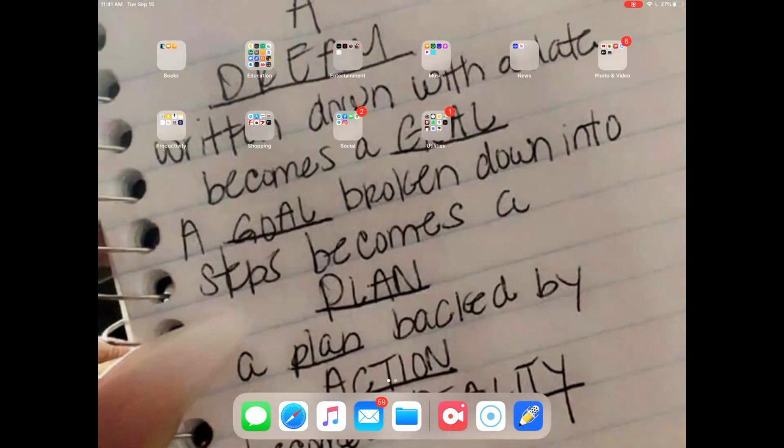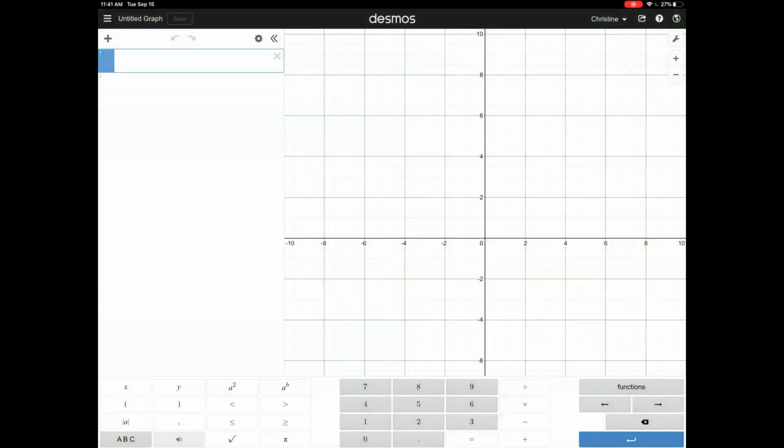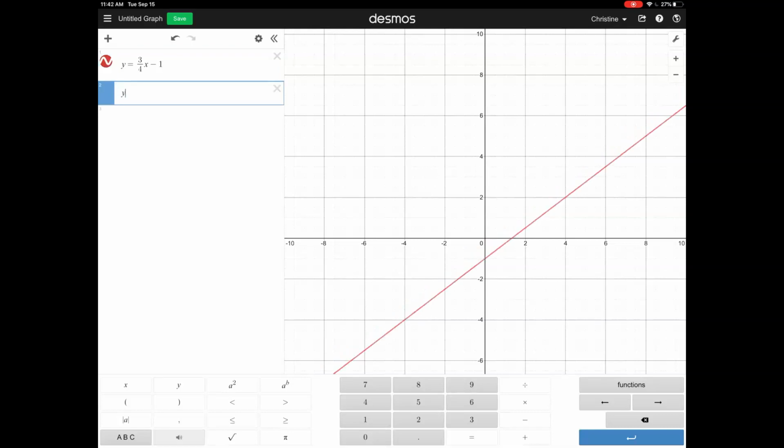With Desmos, I've already got those entered here, and so for time purposes, oh no, I shut it down. That's okay, I'll just type it in real quick. Y equals, oh, I forgot what the equation is here. I have it right here. 3/4 x minus 1. So there's an equation, and the other side was y equals 7/5.